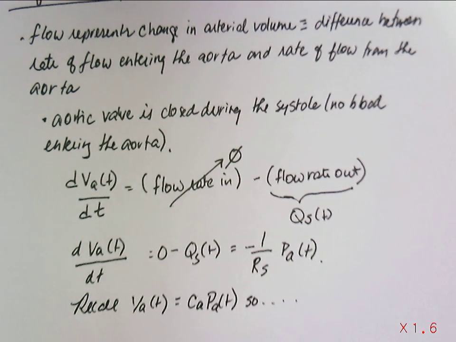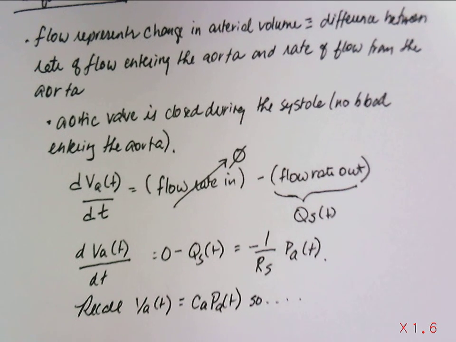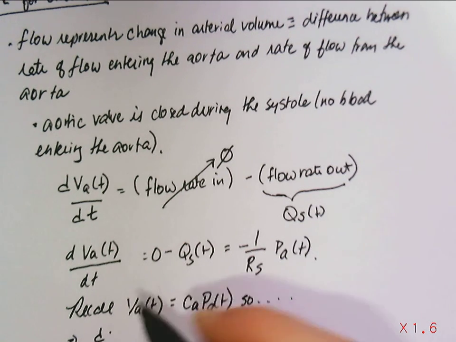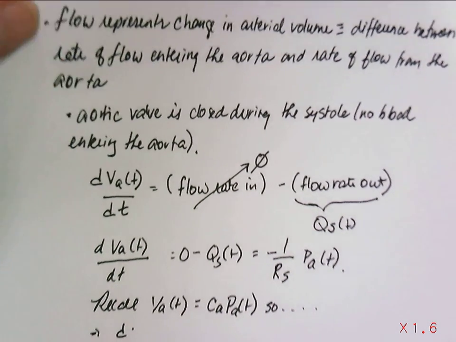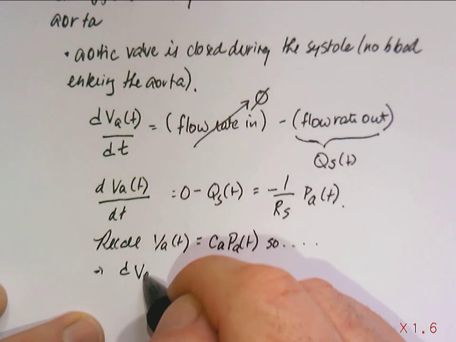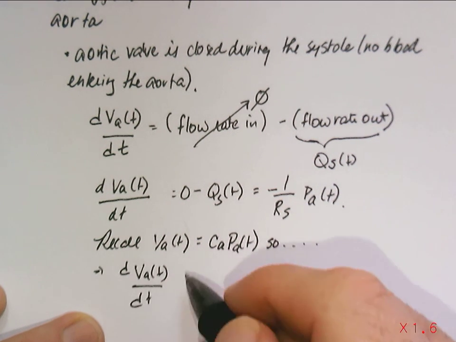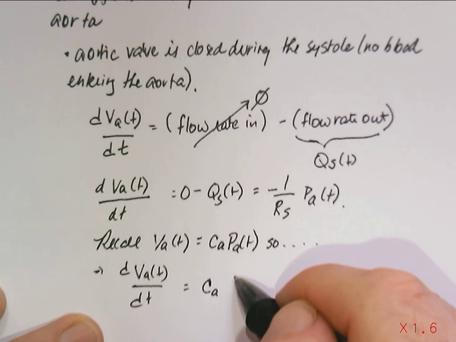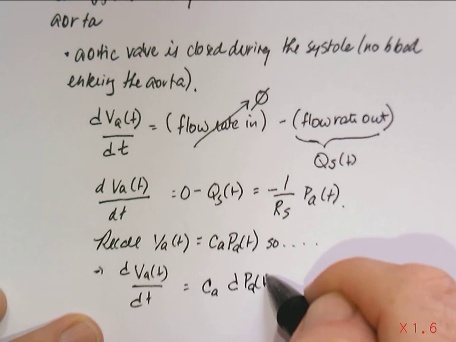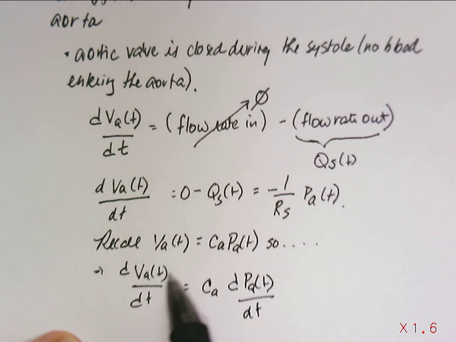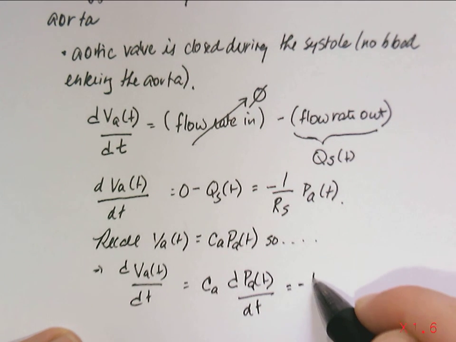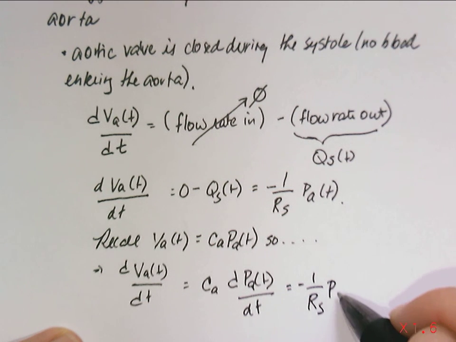So if you take that piece of information with what we've got thus far and combine the two, we know that the rate of change of the arterial volume as a function of time is C sub A times the derivative of that arterial pressure, just taking the derivative of this very simple equation because that's a constant, C sub A. This we know is also supposed to be minus 1 over R sub S, P sub A of t.